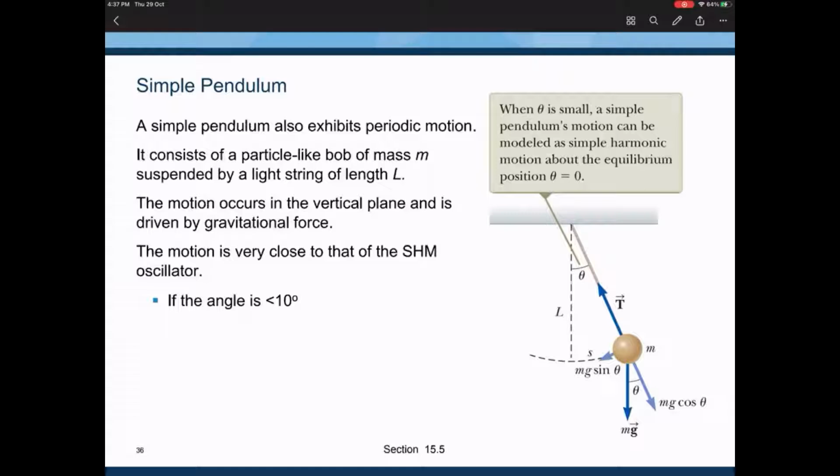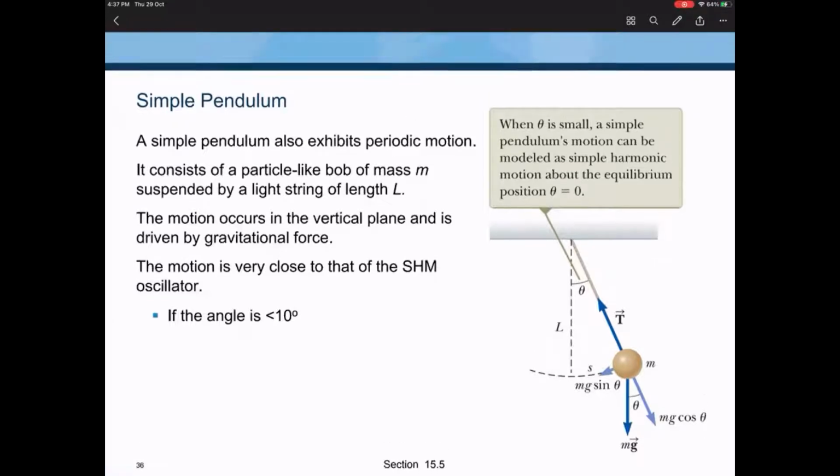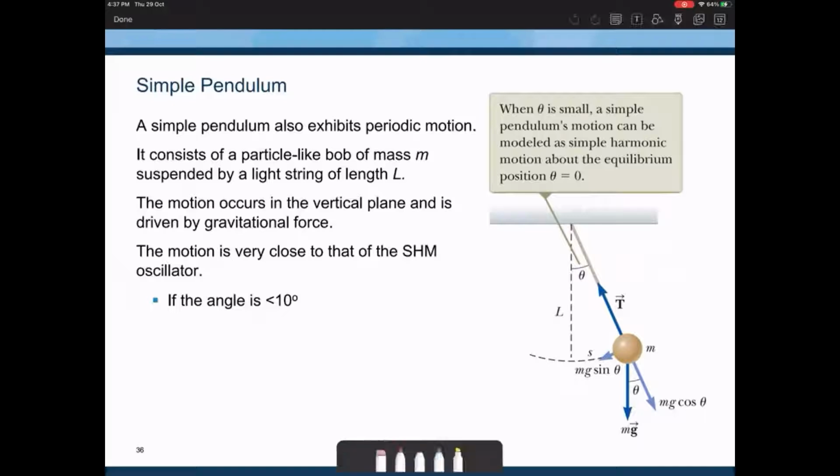To be fair, we should not say whether it is simple harmonic motion or not until we decide that it follows the general equation form, a proportional to minus x. Only if it follows this equation form can we say it is a simple harmonic motion.